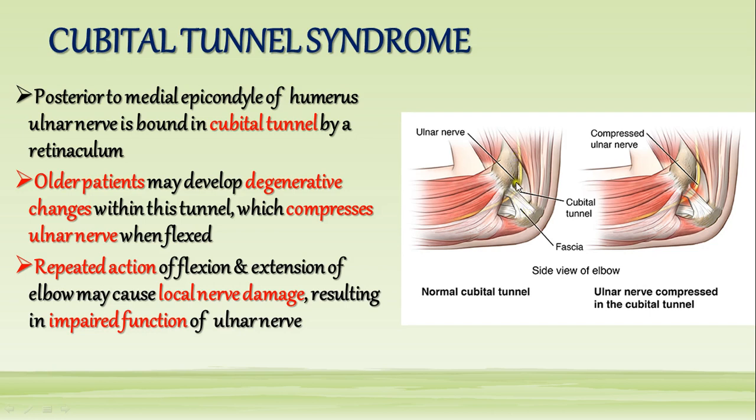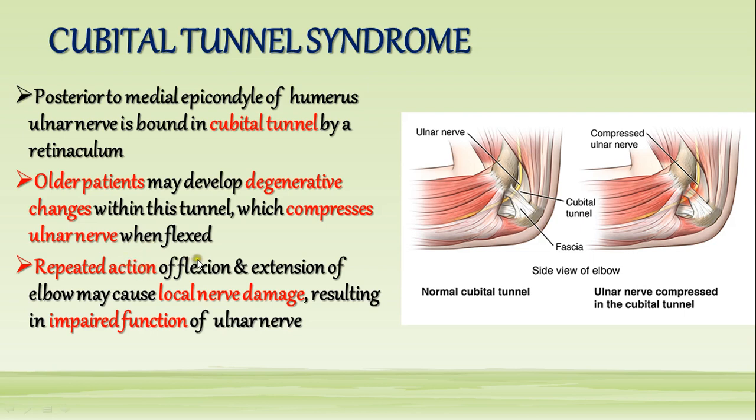The ulnar nerve runs just behind the medial epicondyle of the humerus and is protected by a thickening of the deep fascia. Now in older patients, degenerative changes may develop within this tunnel which compress the ulnar nerve when the elbow is flexed.